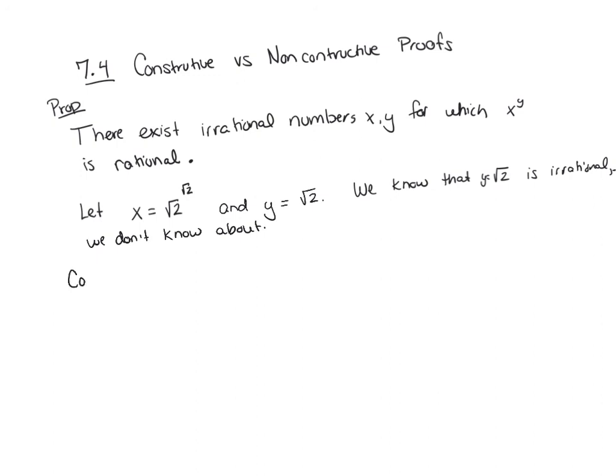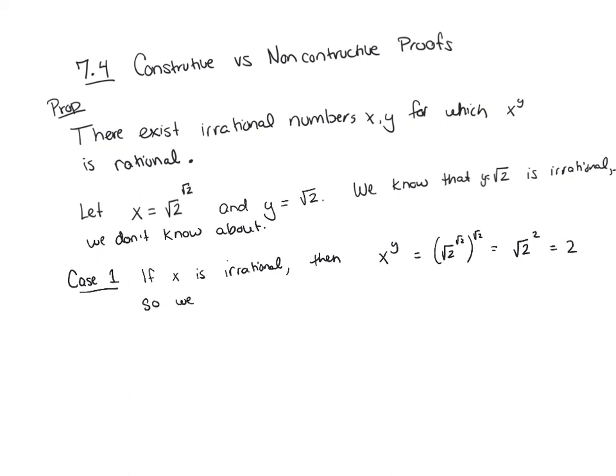So case 1: if x is irrational, then x to the y is equal to root 2 to the root 2, to the root 2. I know that when I take a power to a power, I multiply the exponents. So I get root 2 to the 2, which is just equal to 2.